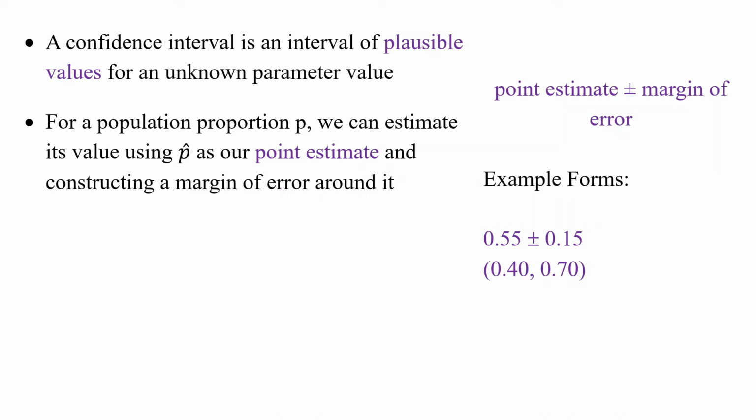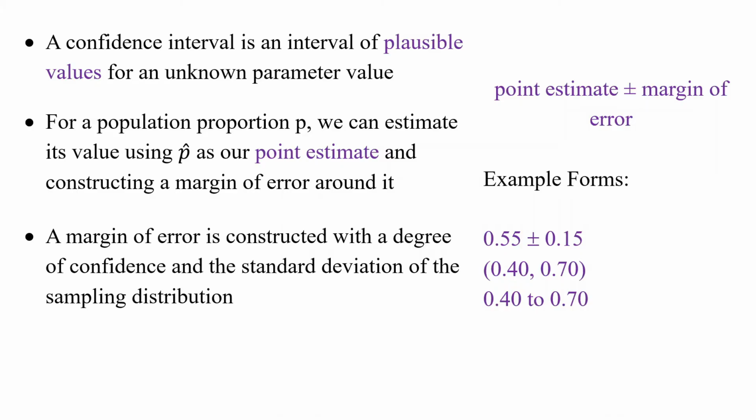So to get 0.4 and 0.7, we take the 0.55 as our point estimate, and we add 0.15 to get 0.7, and we subtract 0.15 to get 0.4 on that other side. Okay, so our point estimate 0.55 is right in the middle, and we go up and down the same margin of error there. We might also just write it out without the interval notation, 0.4 to 0.7. So those are the main forms we present a confidence interval in.